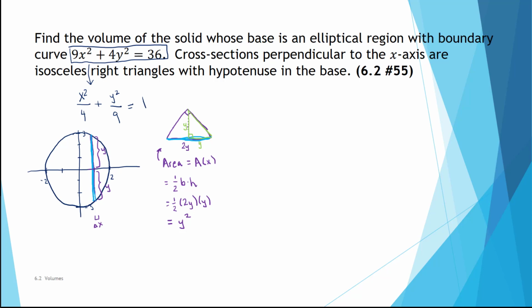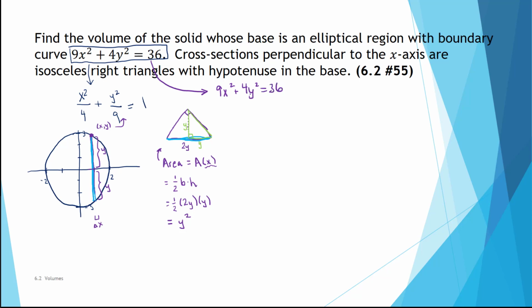Okay, except remember that we want it in terms of x. This y value is the y value of this point x comma y, and we know that this point is on the curve of the ellipse. Therefore, we want to take this equation and solve for y squared in terms of x. I'm going to go back to the original equation for our ellipse. We have 9x squared plus 4y squared equals 36.